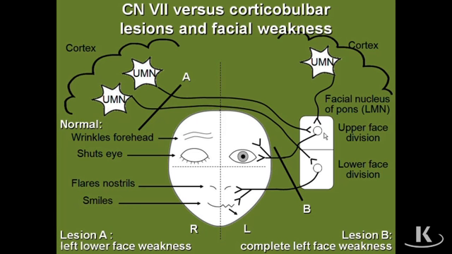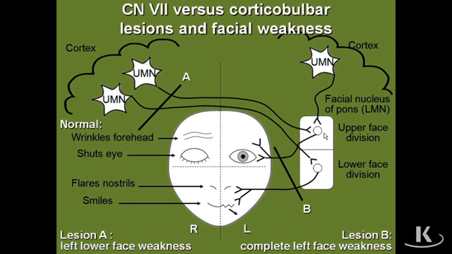But if a patient presents with facial weakness, and if the weakness is only limited to the lower face, meaning that the patient can still wrinkle their forehead and shut both eyes bilaterally in the blink reflex, that lesion is most likely not in the facial nerve, but it is in the corticobulbar fibers above the facial motor nucleus, either in the midbrain, internal capsule, or even in areas of motor cortex. And that's the point made by a lesion at A.